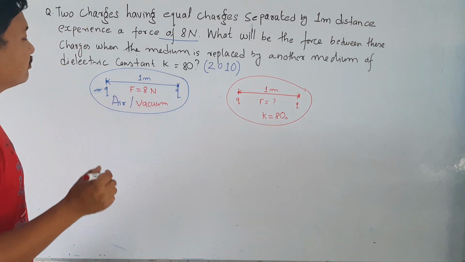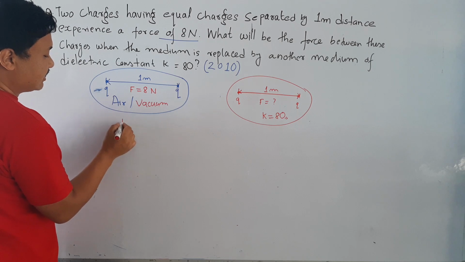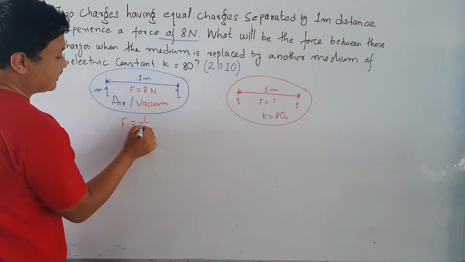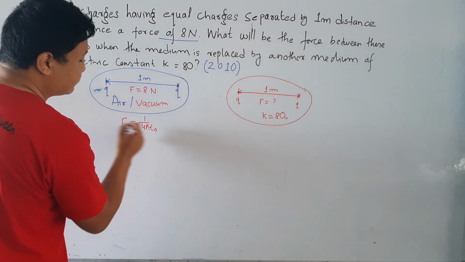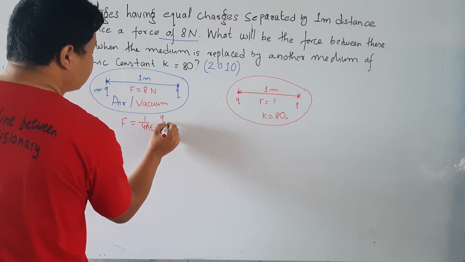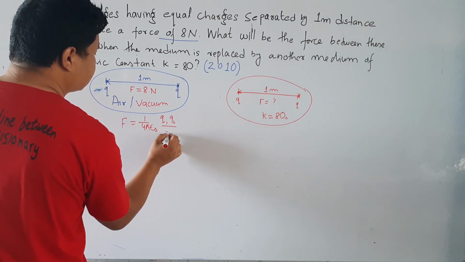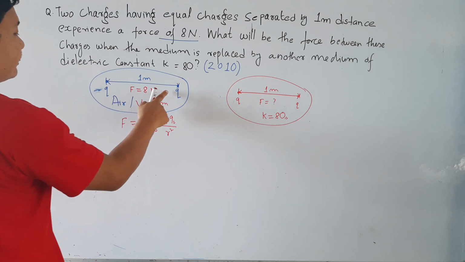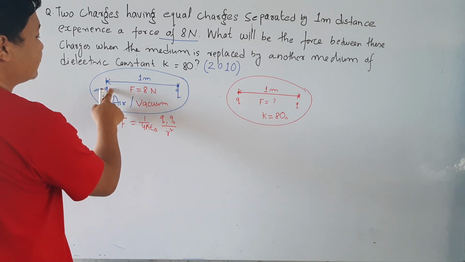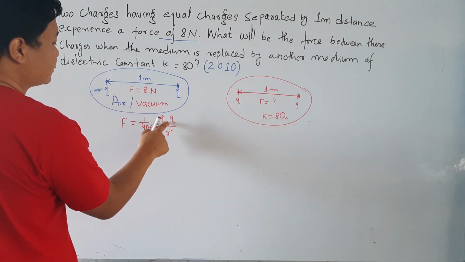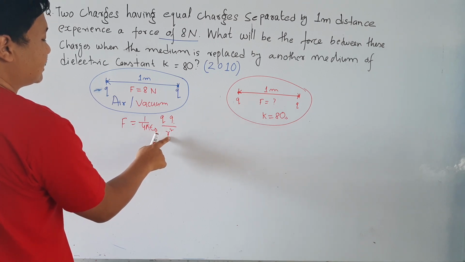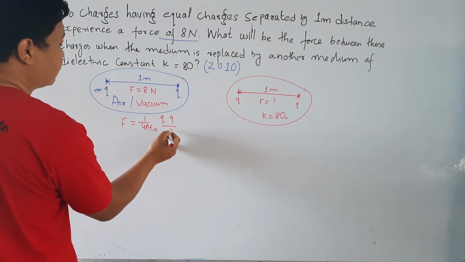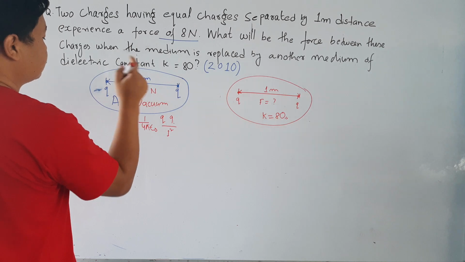So we know the formula for air: force is equal to 1 by 4 pi epsilon naught q1 q2 by r square. Okay, now for this q1 is q, q2 is also q, so this I will not write. And what is r? That is 1 square, because the distance is 1.